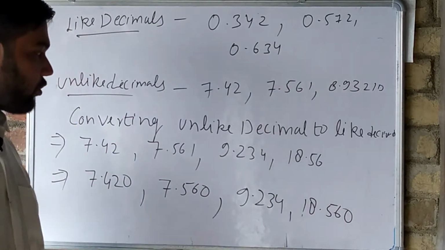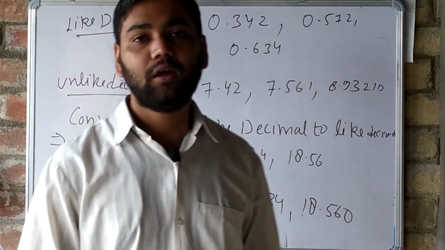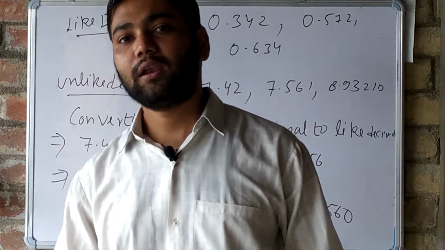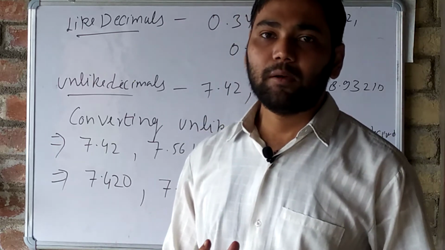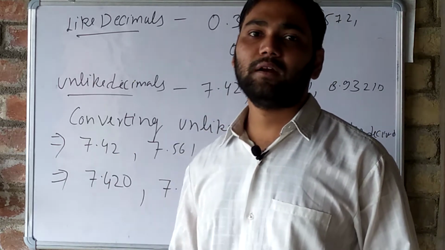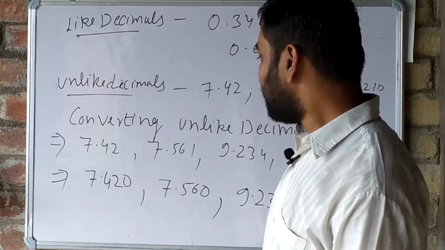So now you have learned how to convert unlike decimals to like decimals. We have to make the number of decimal places similar to the others.